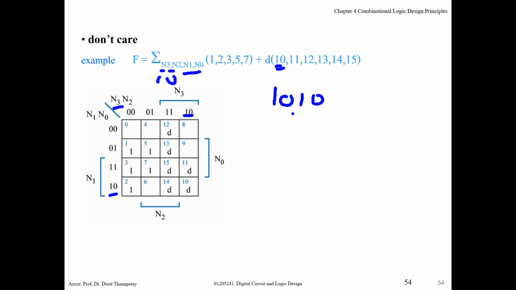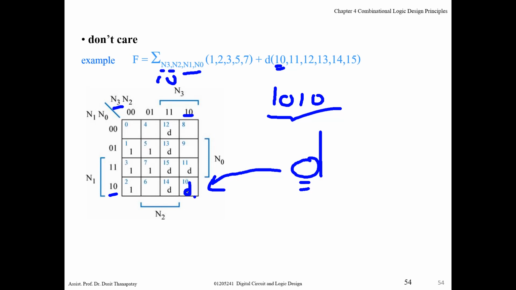So for don't care, the output can be 0 and also can be 1, because you don't care about it. In the Kmap, you then write 0 and 1 or D.